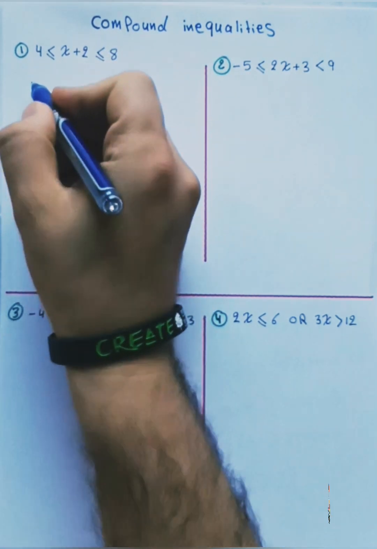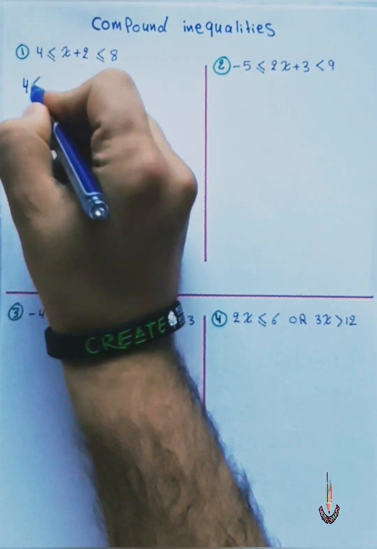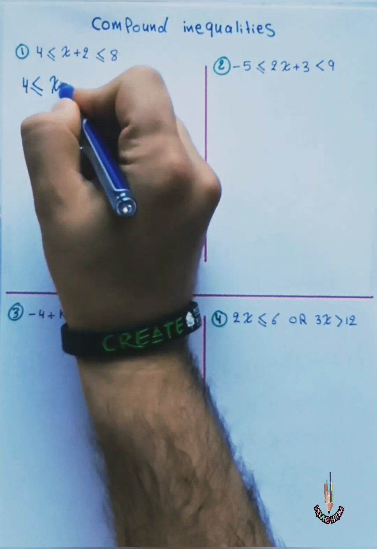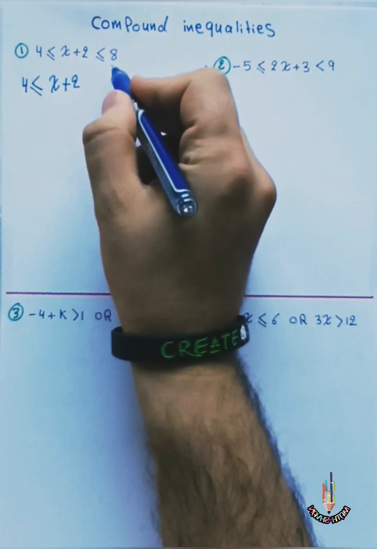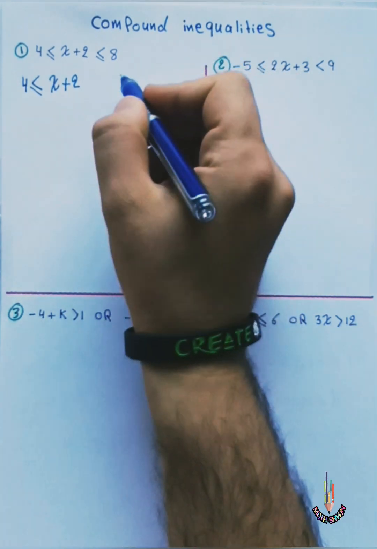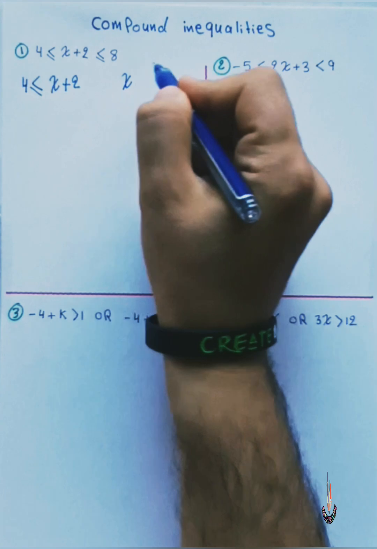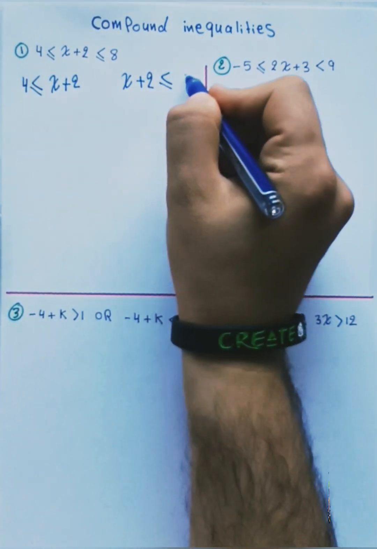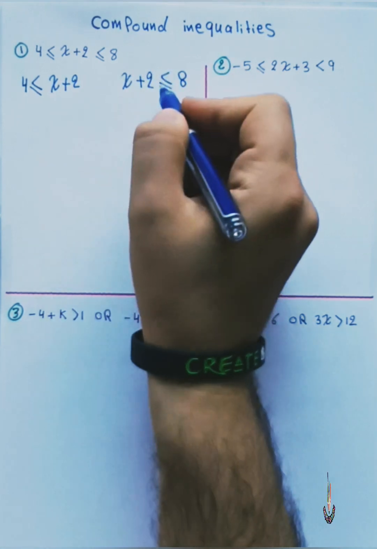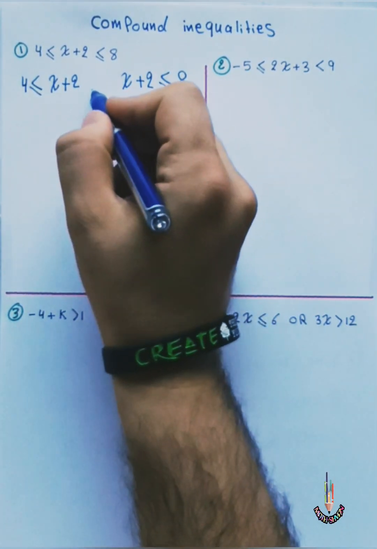On the left side, we have 4 is less than or equal to x plus 2. And on the right side, we have another inequality, x plus 2 is less than or equal to 8. And then we have to connect these two inequalities with "and".